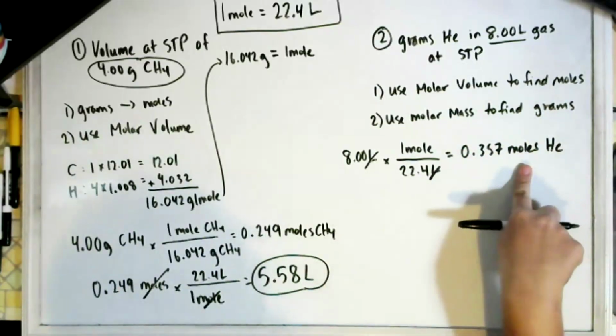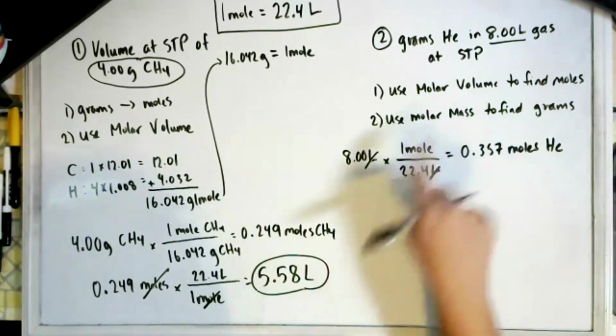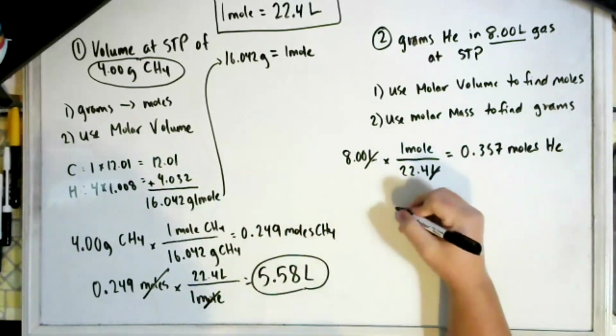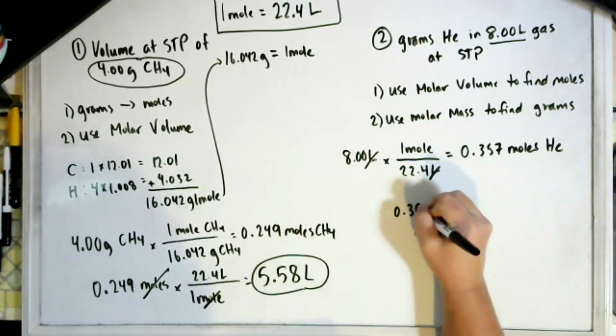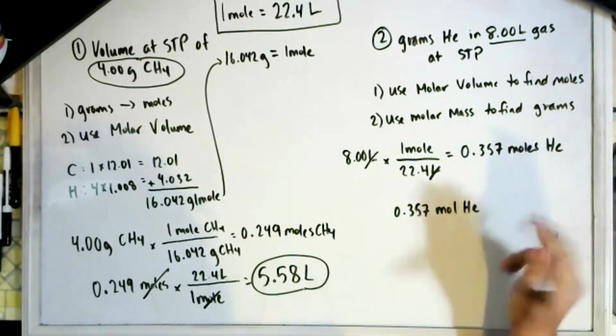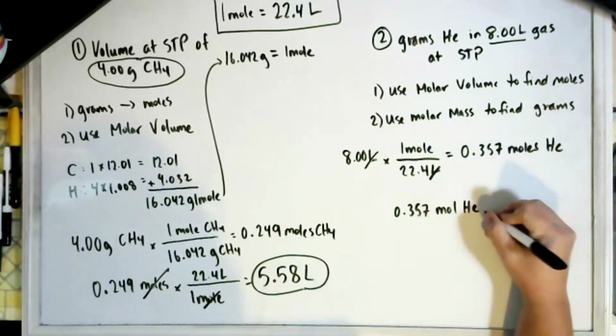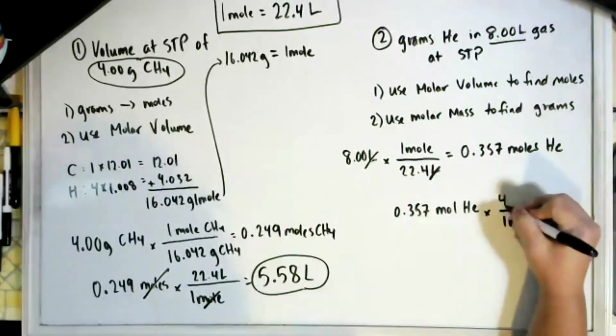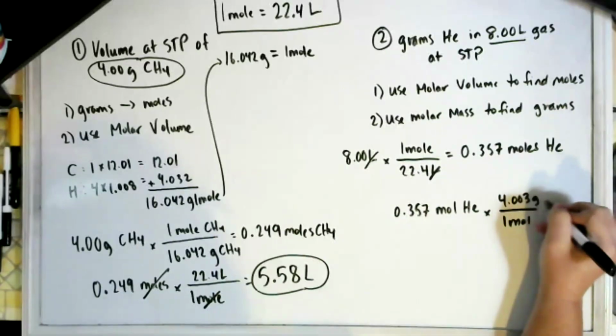Okay. And once I know my moles of helium, now I can use the molar mass of helium to figure out how many grams there are. When I look at my periodic table, I see that every 1 mole of helium is going to be 4.003 grams.